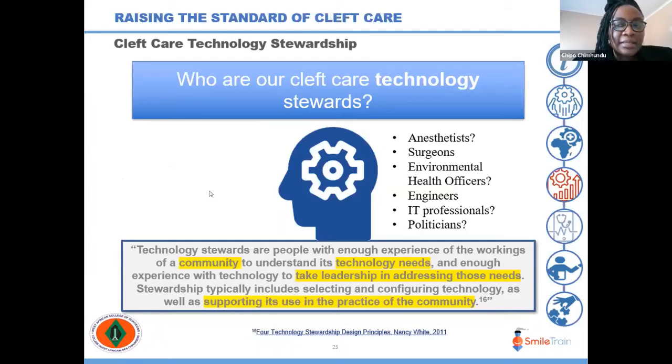By that we mean these are people who have a balanced understanding of the community as well as technology in order to be able to lead us all in addressing the problems that we have in managing our technology and delivering our service. So these question marks I've left, that's entirely up to us to all decide for our teams, but these are people that need to be tasked with carrying our agenda forward.